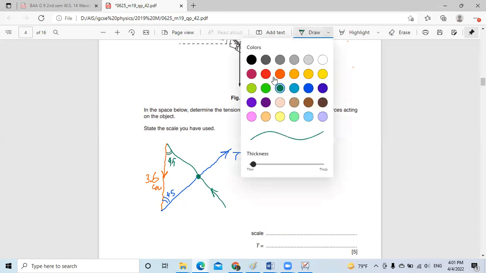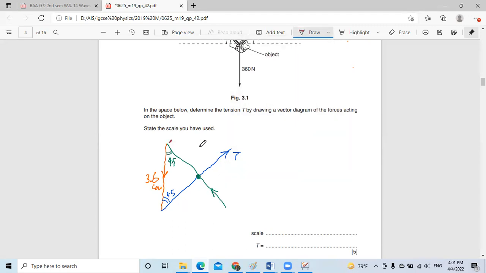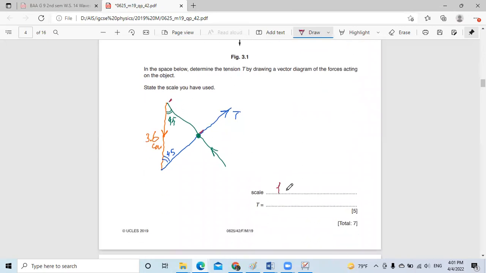I'll measure how long this distance is from here to here and put it on my scale, where each 1 centimeter is equal to 100 Newton. By measuring this, it will be approximately 2.55, 2.6 centimeters. So that means 255 or 260 Newton. This is the answer.